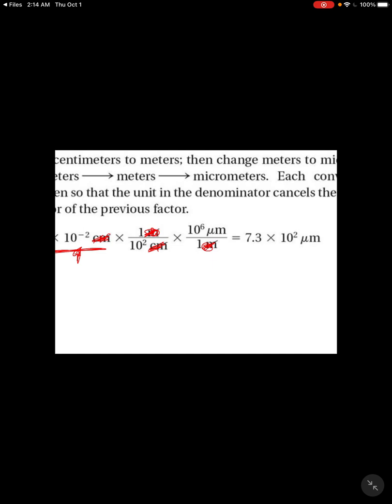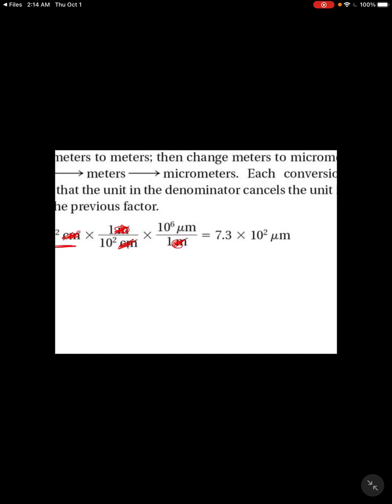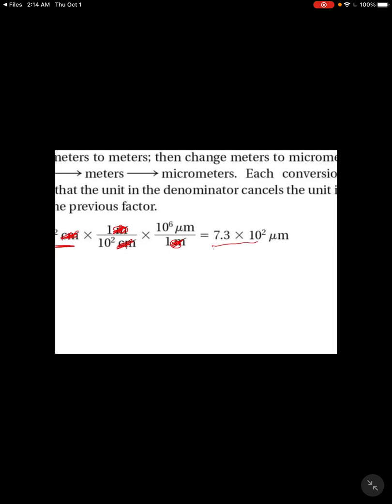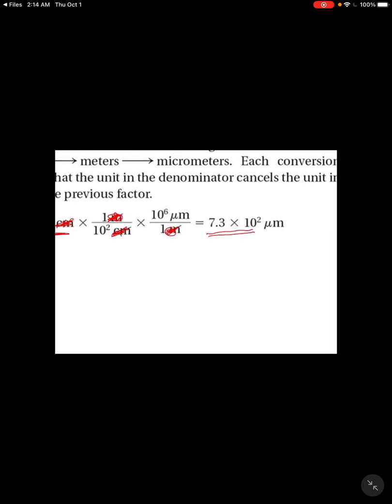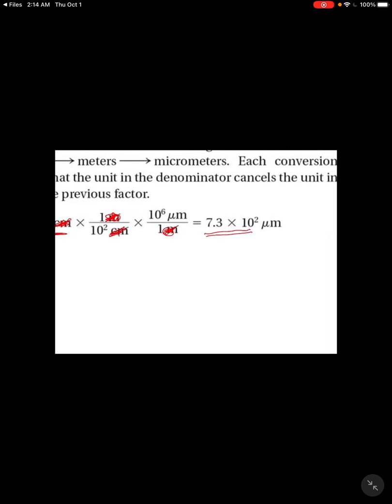ends up with 10 to the 2, so, or let your calculator do it, but you didn't have to use a calculator, because once again, you're always multiplying by 1, and all you had to do was factor out your exponents, and that gives you 7.3 times 10 to the second micrometers.